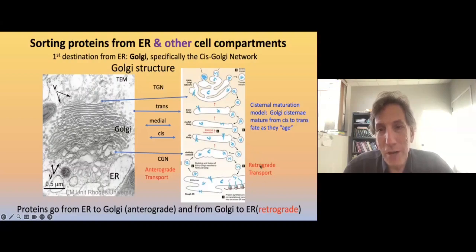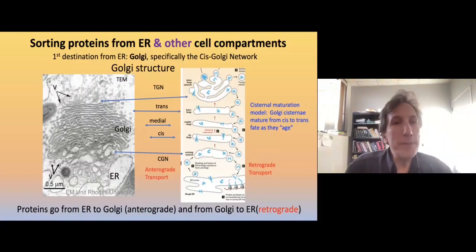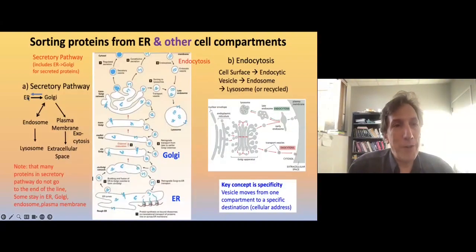And that's why it's called retrograde, because you think about ER to Golgi as the natural forward, or anterograde, and reverse we call retrograde. Anterograde, retrograde.